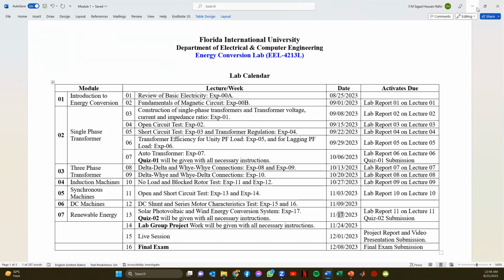Each group will be given a task differently, and you'll have to submit that. You will get 2 weeks of time. On the 14th lecture, I'll be giving you this one with instructions on this day, and you will get 2 weeks from that to submit it.